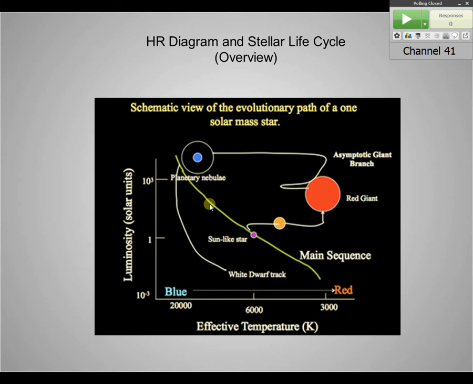After about 10 billion years or so on the main sequence, it's going to start to move off of the main sequence. We'll talk about exactly why that's happening in a moment, but the reason that it's not staying along the main sequence is because it's actually starting to run out of fuel to fuse. And perhaps counterintuitively, it actually gets brighter in this process.